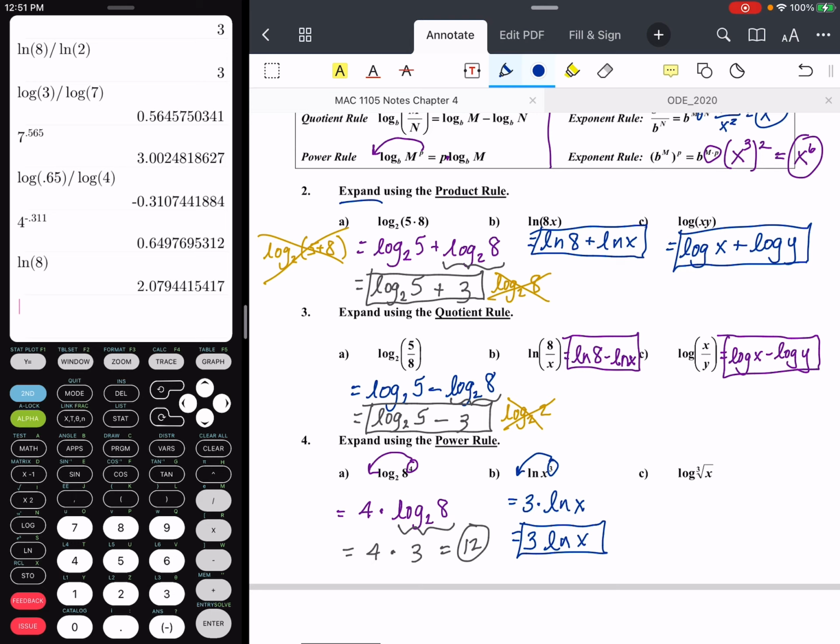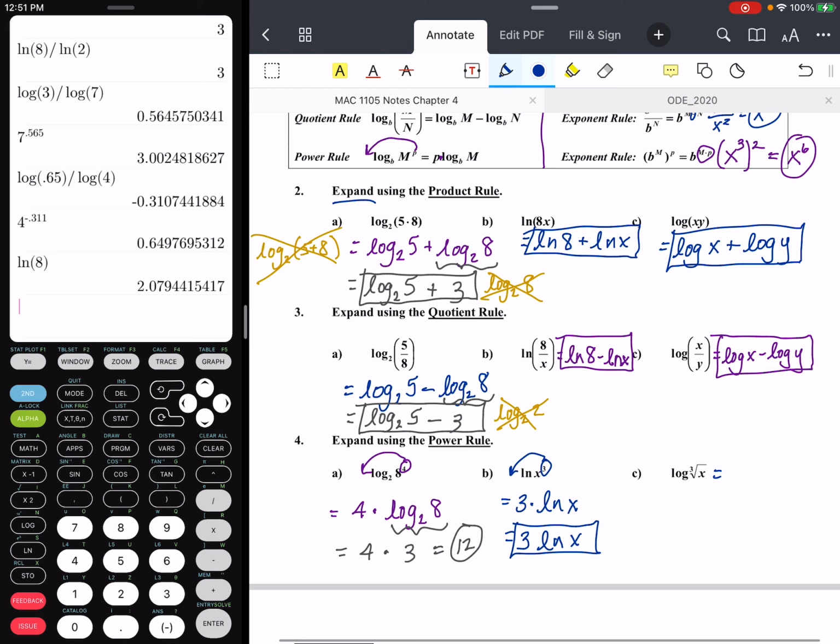And finally, part C, log of cube root of x. Since logs are exponents, it's helpful first to get this into exponent notation. So I would start off by rewriting this as the log of our base x, and instead of that radical notation, cube root of x, I'm going to write it as its equivalent rational exponent, x to the power 1/3.